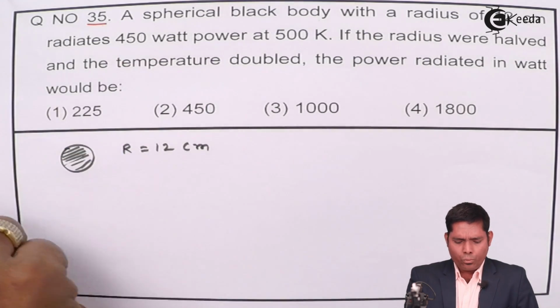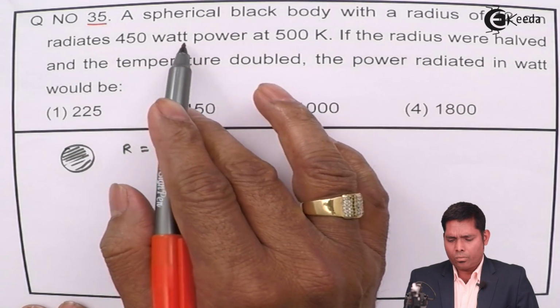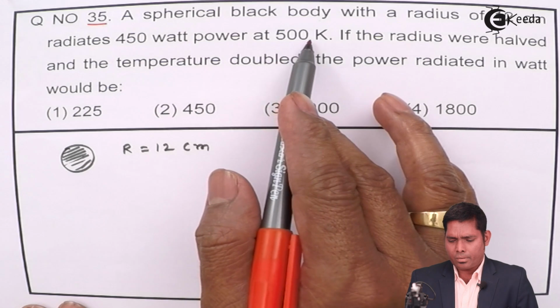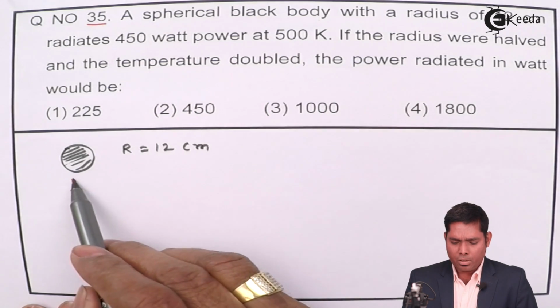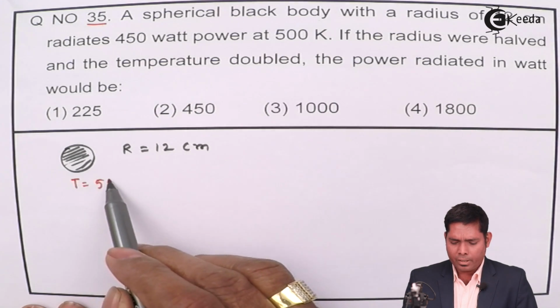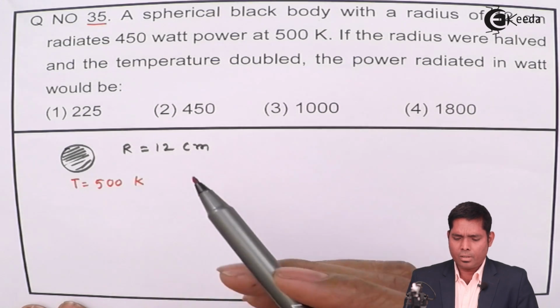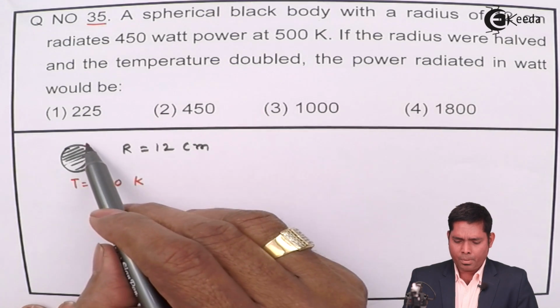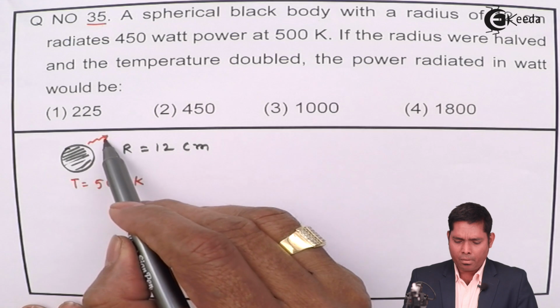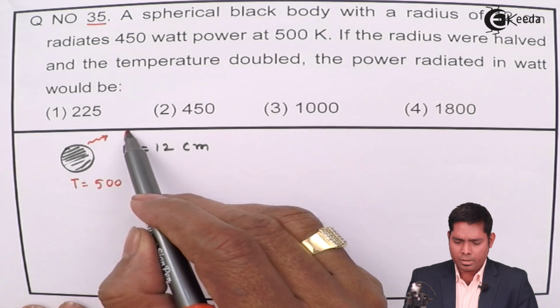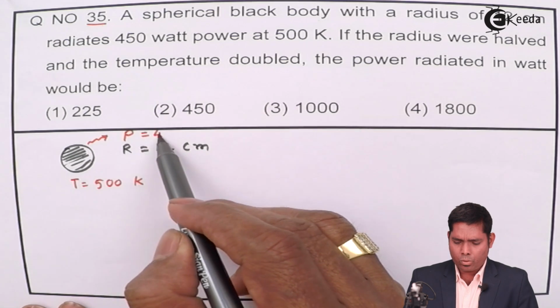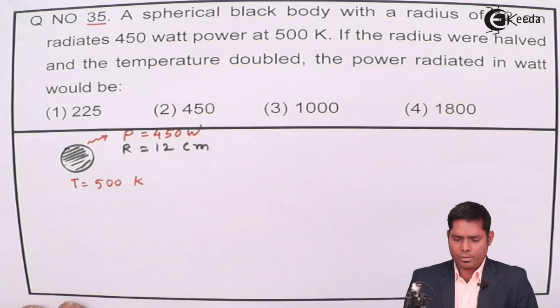Radiates 250 watt power at 500 Kelvin. So the temperature of this body is 500 Kelvin, and how much power is it radiating? The radiated power is 450 watt.